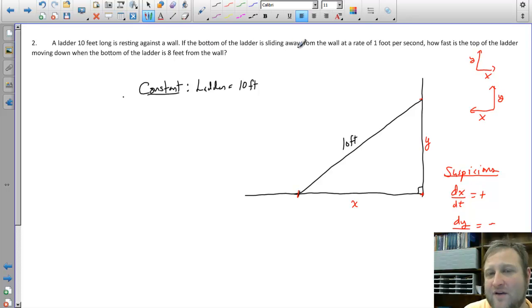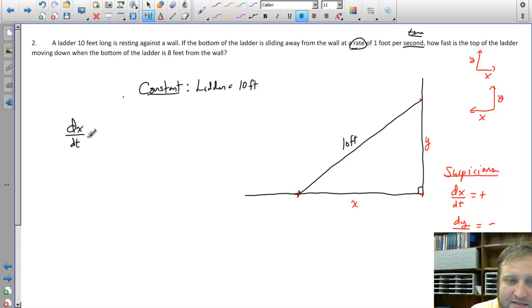If the bottom of the ladder is sliding away from the wall at the rate of 1 foot per second. So notice here we have that term rate again. Hopefully now when we see that term rate, we're thinking derivative with respect to time. Second is going to be that form of time. And it's going at the rate of 1 foot per second. In terms of how I labeled my picture, that will be a value of dx over dt.